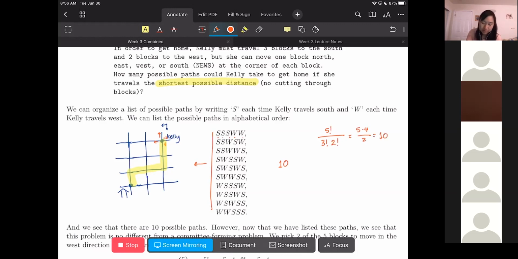Another way we could solve this is we have 5 basically directions that Kelly needs to go, and we need to choose 2 of these blocks to move in the west direction. So say I pick this one and this one, then the rest becomes south. So if we want to choose 2 of the 5 for Kelly to move west, and the rest will move south, another way to write that is 5 choose 2, which is, again, 5 times 4 over 2, which is 10.